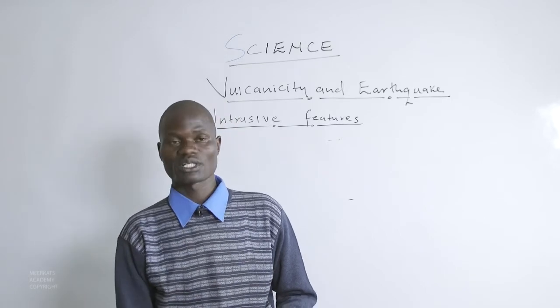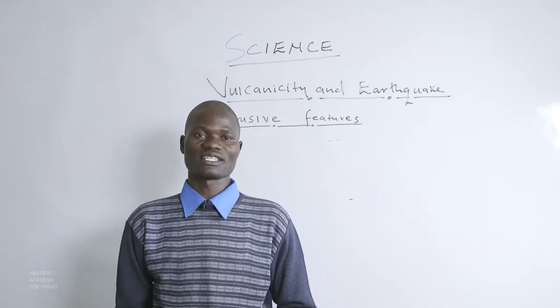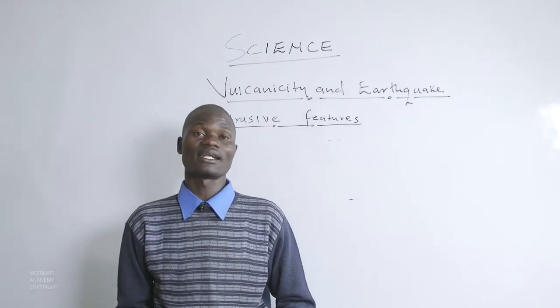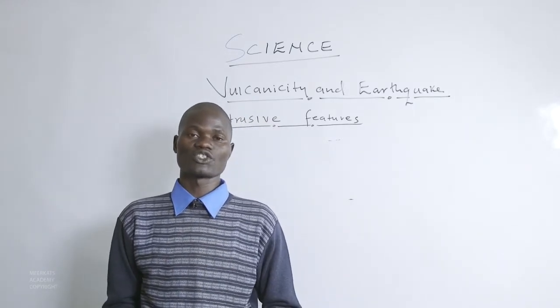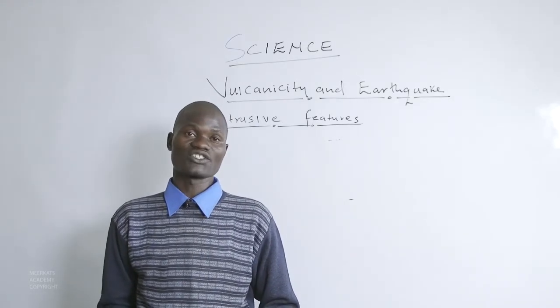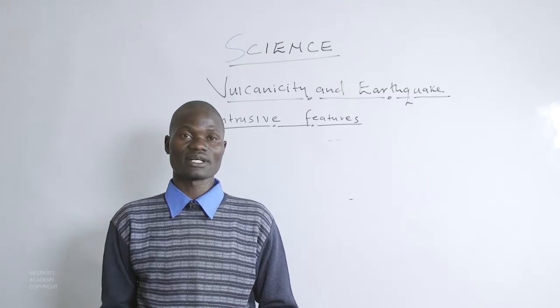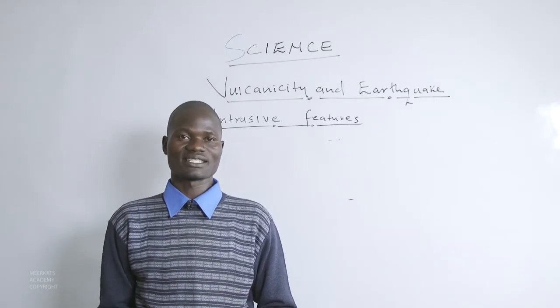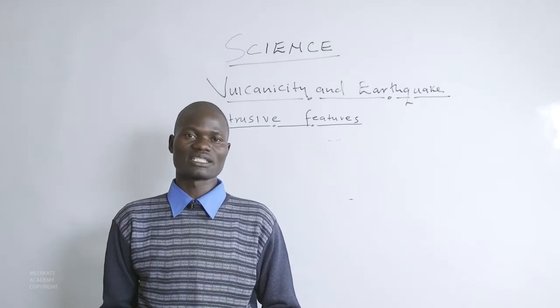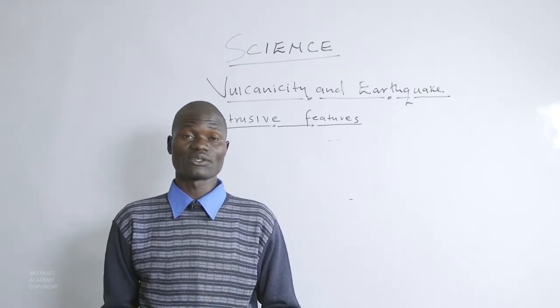Today we are going to look at the intrusive features, and under these we are going to base on the intrusive landforms. Occasionally when volcanicity occurs, there is sometimes magma that extrudes itself into the bedding planes of the rocks.